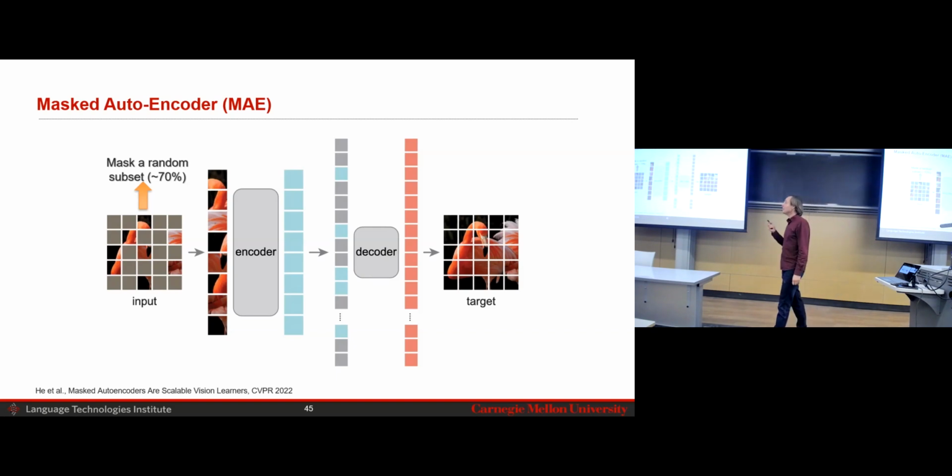Yeah, 70. I think I removed the graph from the paper, but 70% of the image will be hidden. So very hard. And now what I will do is encode only the ones that are visible, only the ones that are visible.